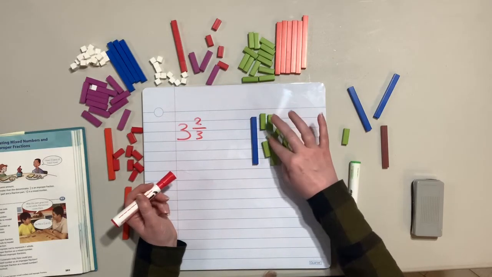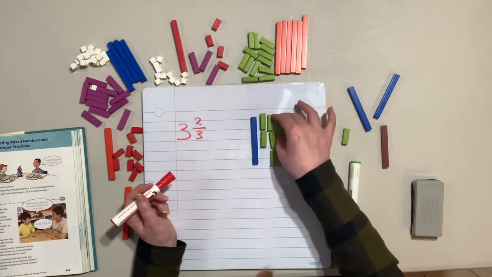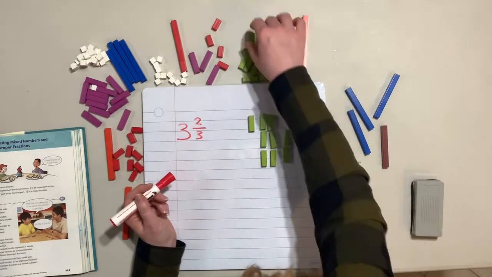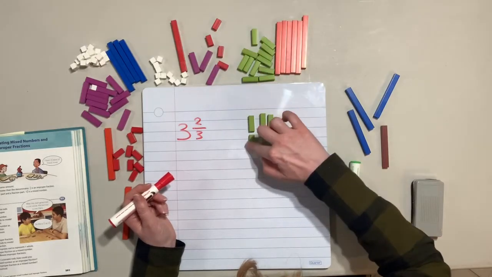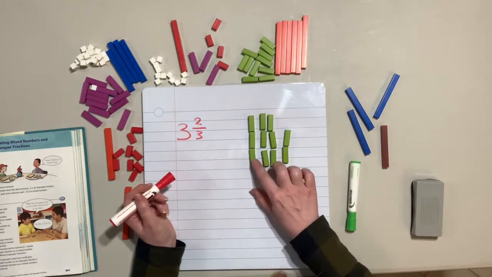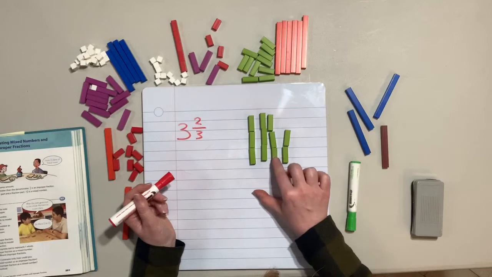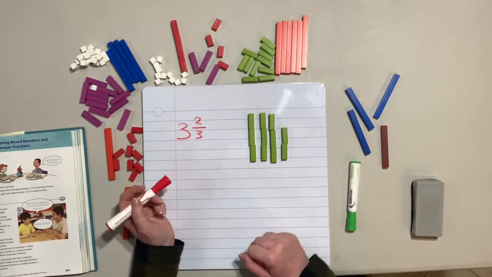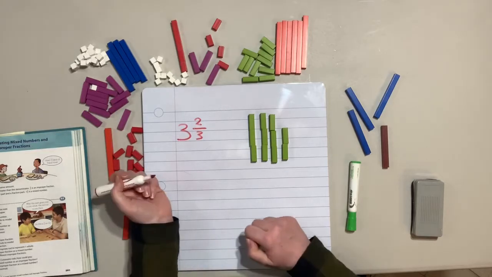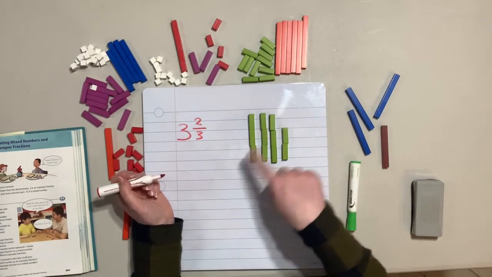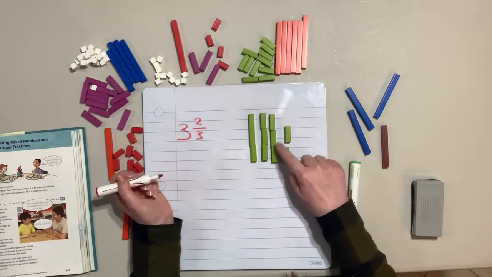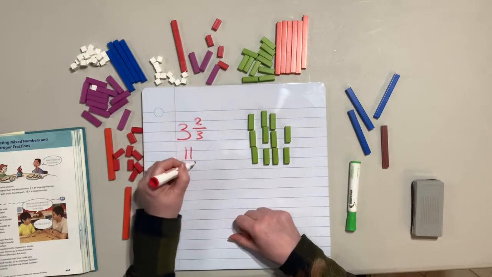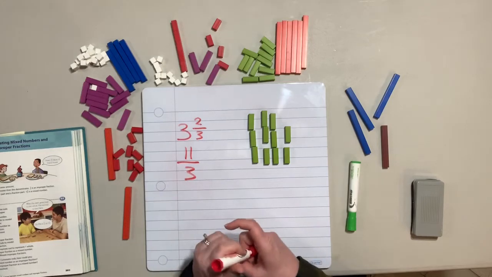This isn't going as well as I could, but that's all right. And then I'm going to trade this one for 3/3 as well. 1, 2, 3. So now I still have 3 2/3, but if I wanted to tell what the improper fraction was, I would have to count up all of these thirds. 1, 2, 3, 4, 5, 6, 7, 8, 9, 10, 11. So it would be 11 thirds.